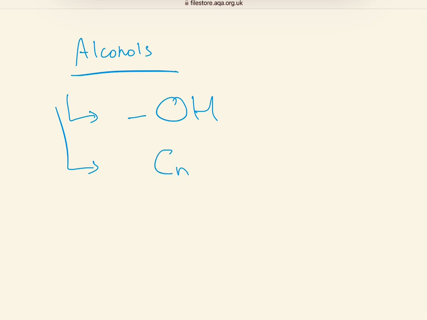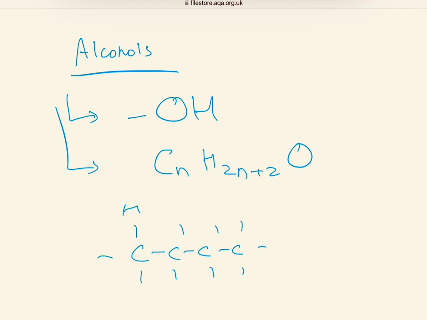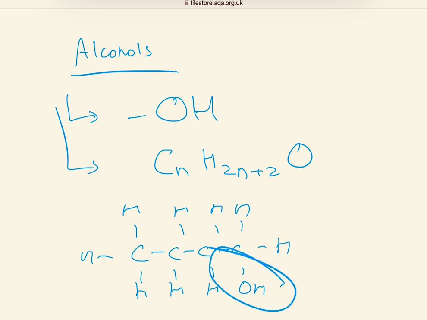It would be CnH2n+2O. So if I have C4, it would just be 1, 2, 3, 4 carbons, all of them would be Hs, but one of them would be an OH. So there'd just be an extra O. But it has to be OH like that. That's the functional group telling you this is an alcohol.